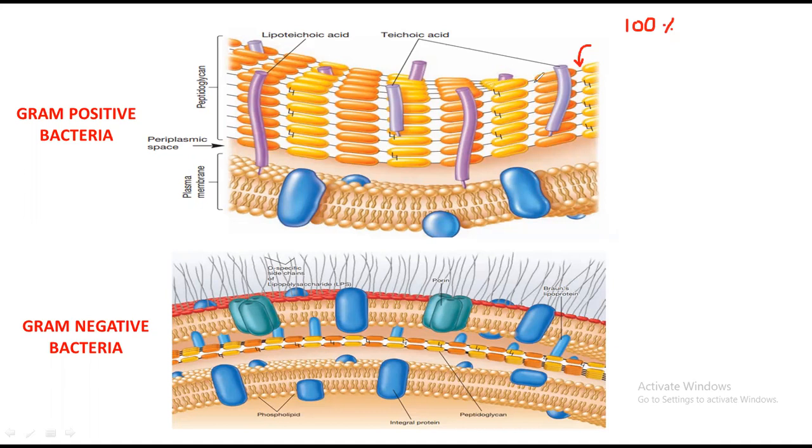So before getting access further, if it goes inside and starts diffusion in the middle of the peptidoglycan layer, due to the high concentration of alcohol it will directly coagulate the protein.